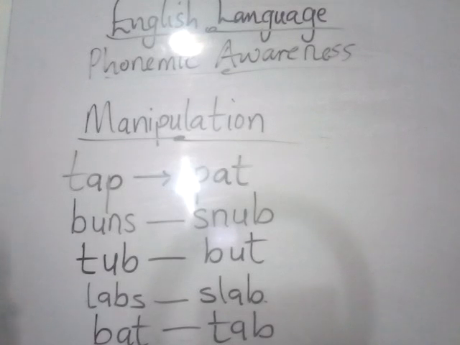Phonemic awareness is all about being aware of the structure of sound in words, and this forms the basis of clear communication. If you want to be understood and you want others to understand you, knowing about phonemes and having an understanding of phonemic awareness is a must, because it really helps in building our communication skills.